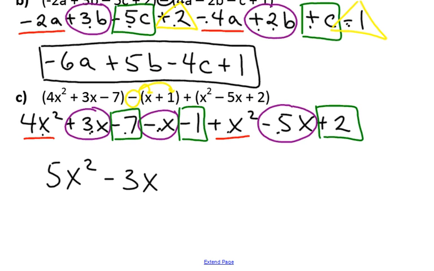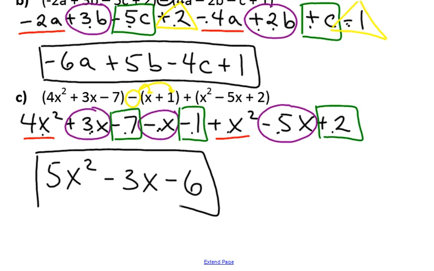Then -7 minus 1 is -8. -8 plus 2 is -6. And this, again, just to remind you, is written in descending order because you have an x squared, then an x to the first power, and then no x at the end. So that's it. That's how you add and subtract polynomials.